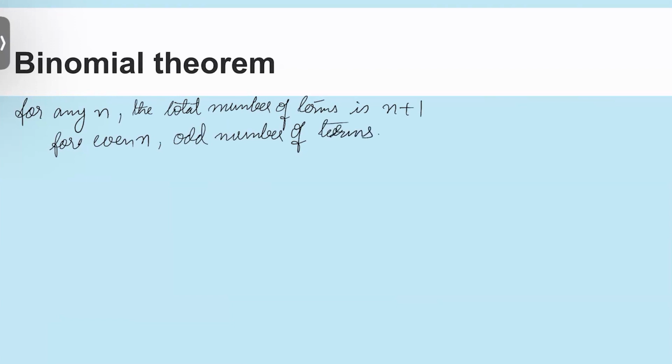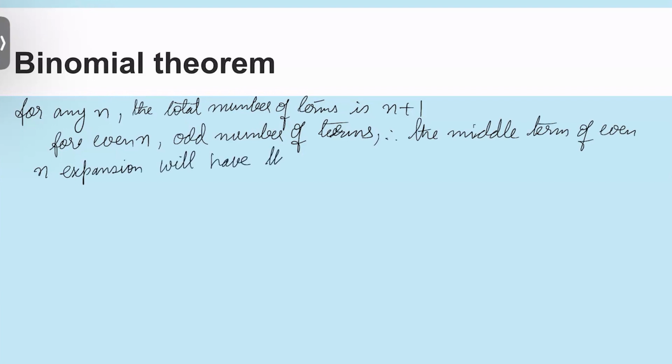When you have an odd number of terms, there will be one single term in the middle of the entire expansion, which will have the greatest coefficient, the highest value of the coefficient. So the middle term of an even n expansion will have the greatest term.